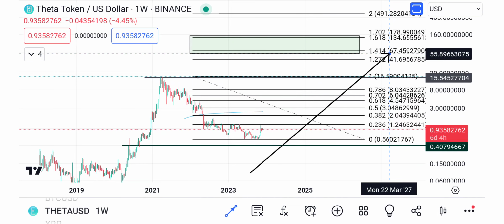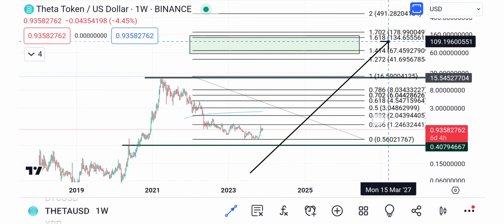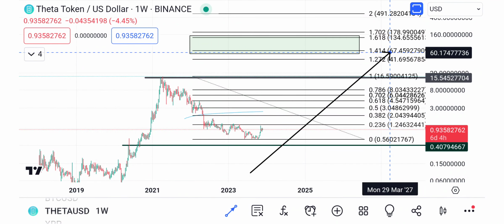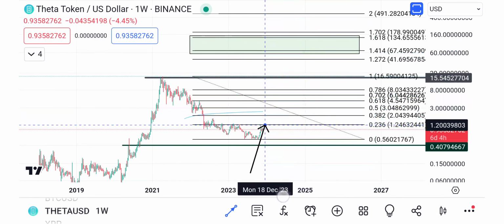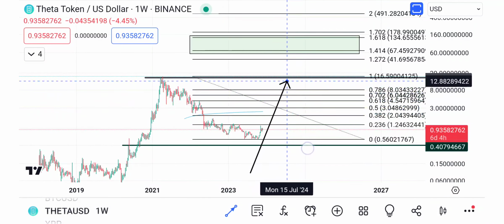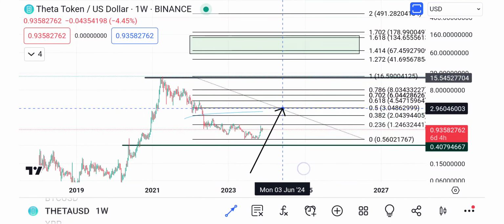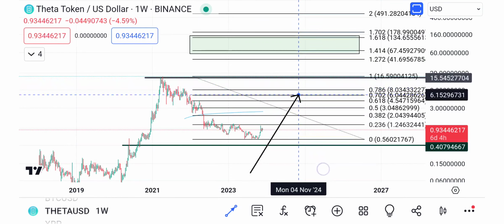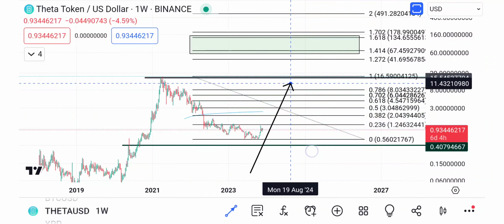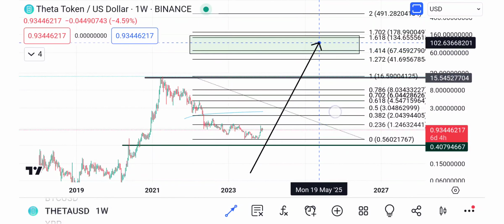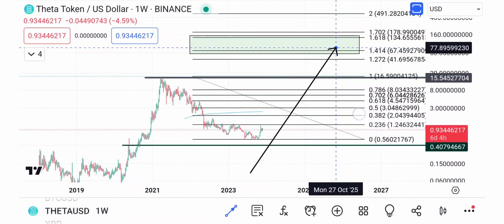But if you want the real number, it's between 67 and 134. And you may say, that's a big difference. Well, yeah, we don't know, right? We have to wait and see how these waves form. So if we have a wave 1, a wave 2, a wave 3, and a wave 4, then we can measure the wave 3 and the wave 4 to suggest a more accurate target when we get up here.